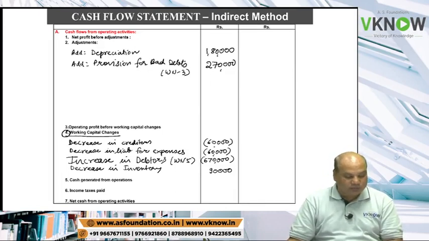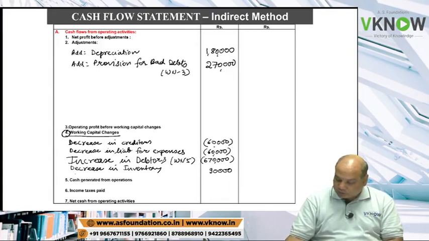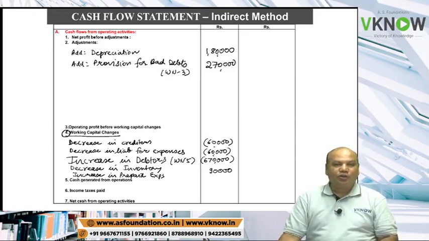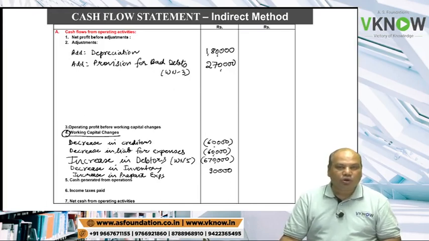Everybody, is it right? One more item is there. Increase in prepaid expense. So please reply, what is increase in prepaid expense? Increase in prepaid expense is decrease in cash flow or increase in cash flow?